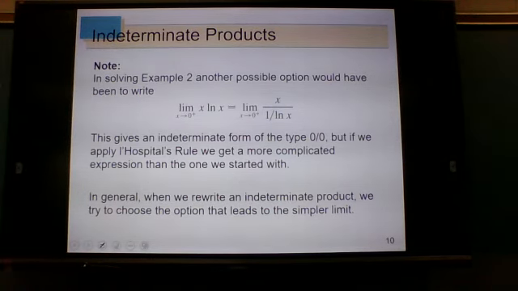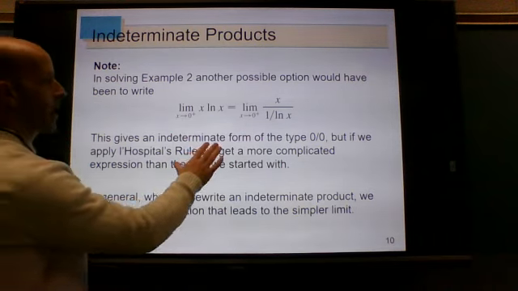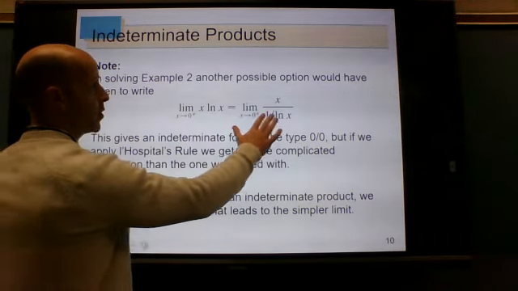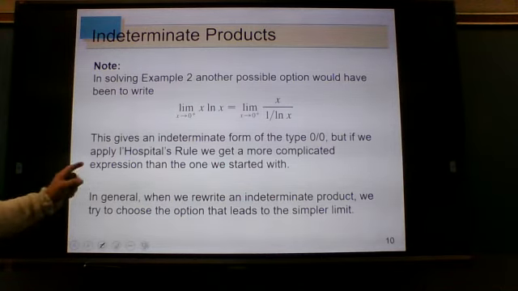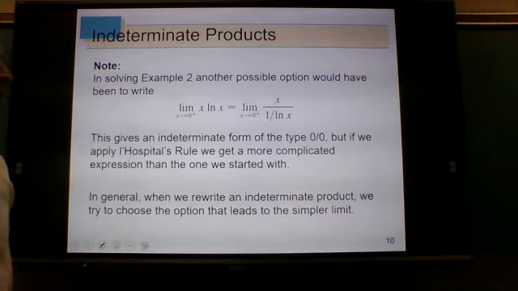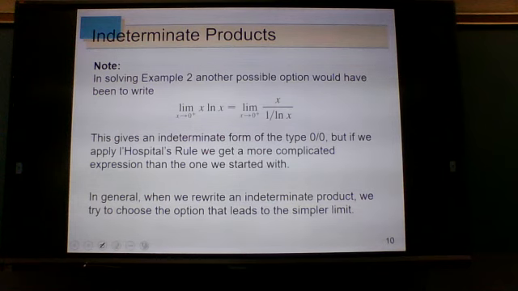This gives us an indeterminate form of 0 divided by 0. But if we apply L'Hopital's rule here, we get a more complicated equation. In other words, if you're not careful and do it this way, you actually make things worse. So if you've got the option, you want to try to make it to where when you find the derivative, it's an easier derivative.